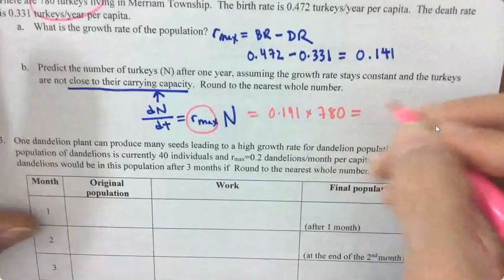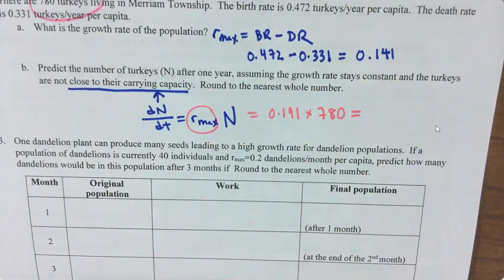Okay, so 0.141 times 780. I'll give you a second to calculate that.